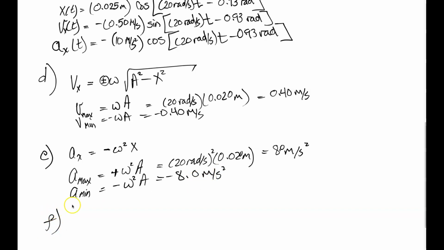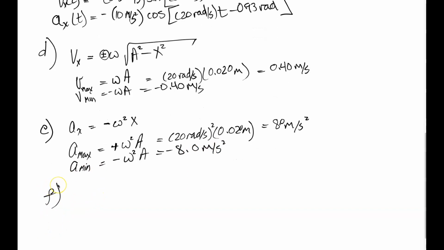For part F, we're told find the velocity when the amplitude is halfway.